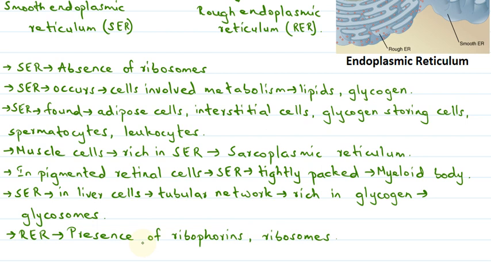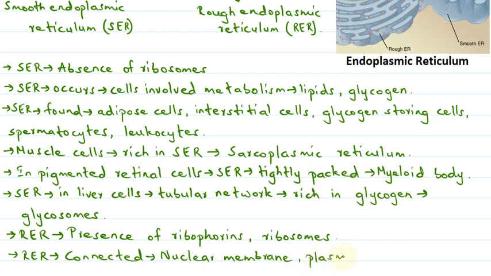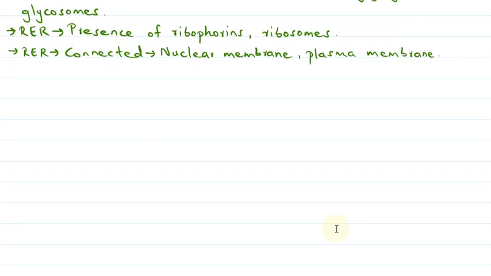So it has more cisternae than the vesicles and tubules. Okay, and RER is connected to the nuclear membrane and to the plasma membrane. Okay, so this is about SER and RER.